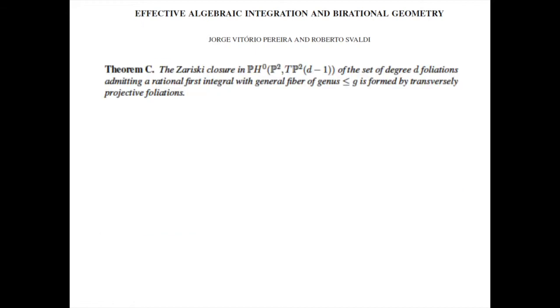And with that result, we can prove this. So it somehow points in the direction of the conjecture. So the Zariski closure of the set of degree D foliations admitting a rational first integral with general fiber of genus at most G is formed by transversally projective foliations. It's exactly the cover. This for every G, right? So for every G. But I have to bound G. Yeah, okay.